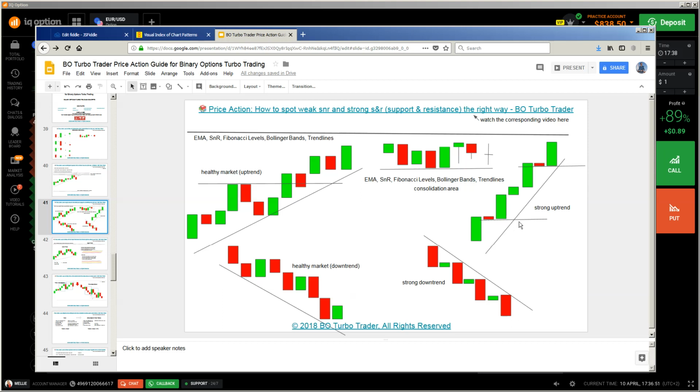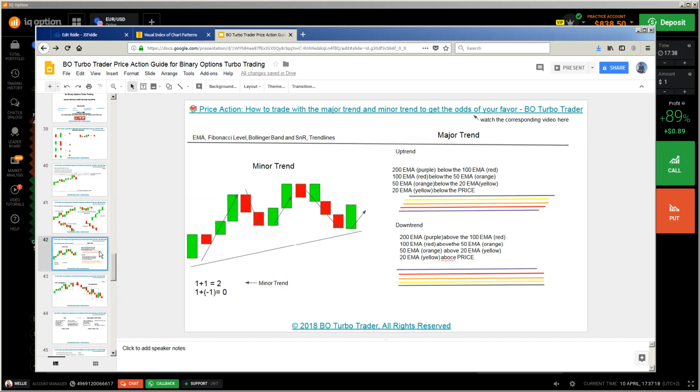The continuation trading setups should be in a strong uptrend or a strong downtrend, and don't trade in a consolidation area if you are not experienced and have some hint about where the price will break out. So then watch the video about fake breakouts, which I have shown you also, and watch this video about trend identification based on EMAs and the minor trend and the major trend.